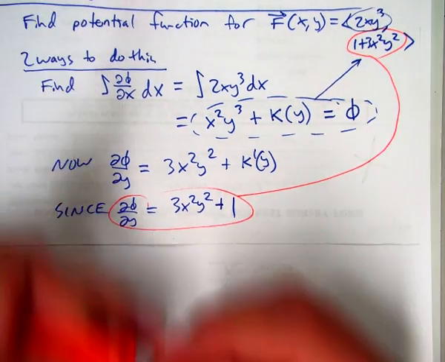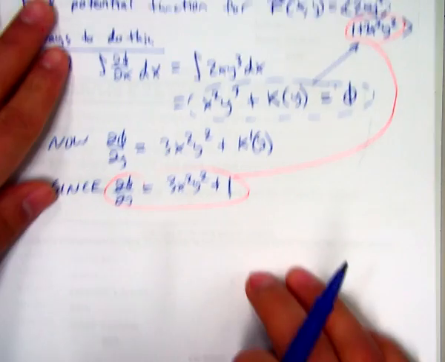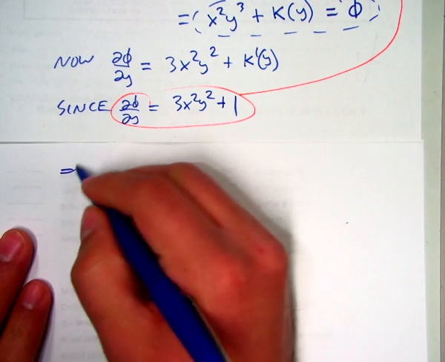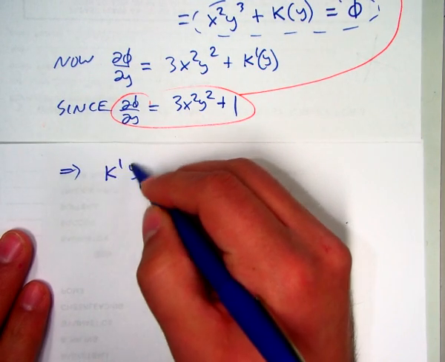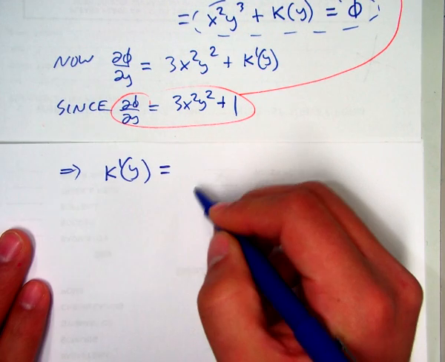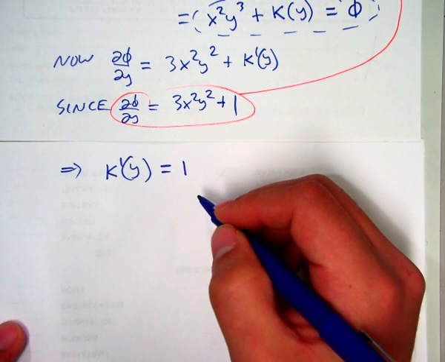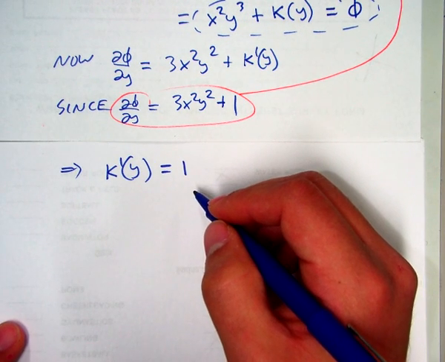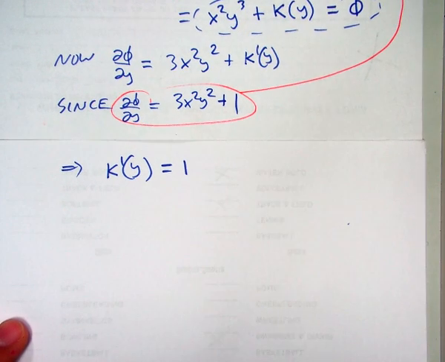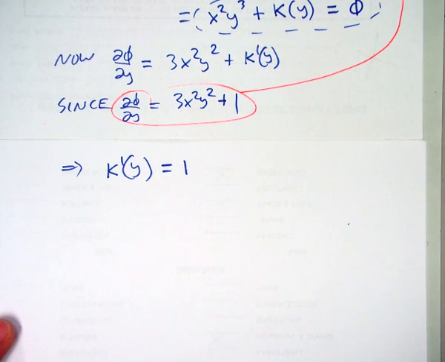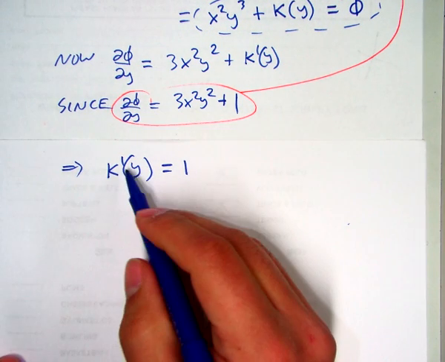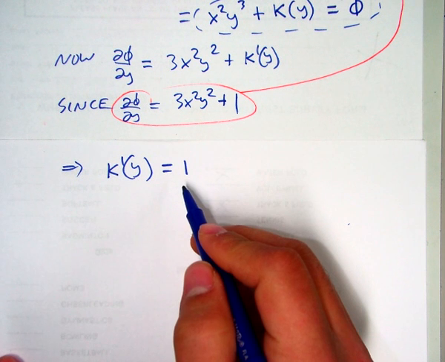This means that k prime of y has to equal 1. Yes. Why didn't you do the integral of partial phi partial y? That's option 2. Gets you to the same exact answer. So k prime of y equals 1.